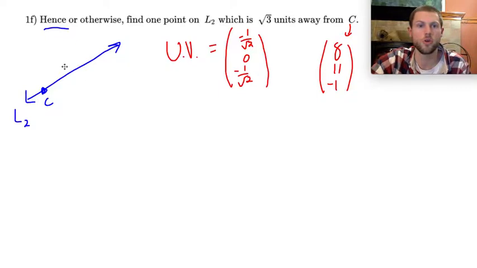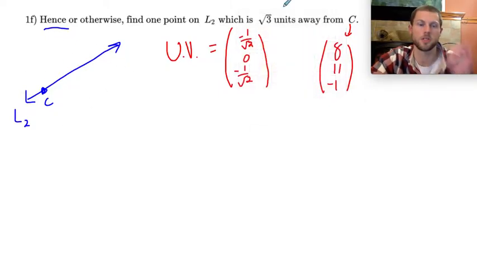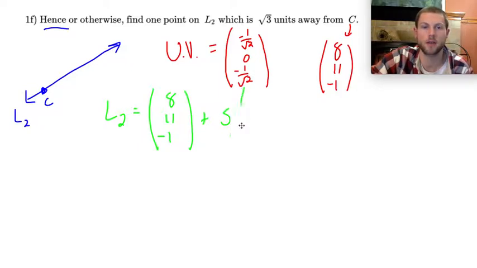So I can create a new equation, which expresses the same line. This is still L2. L2 is going to equal this position vector, 8, 11, -1, plus some scalar s times the direction vector, -1 over root 2, 0, and -1 over root 2.